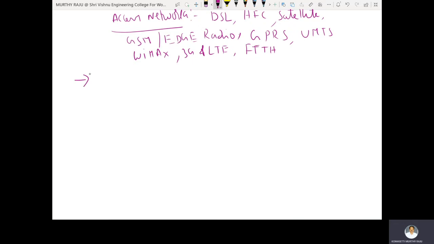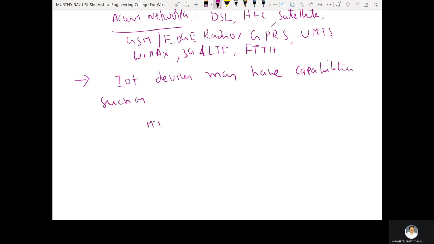Next, the second important point is that IoT devices may have capability differences, such as MTU, maximum transmission unit.